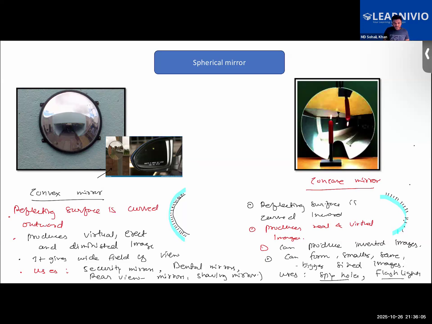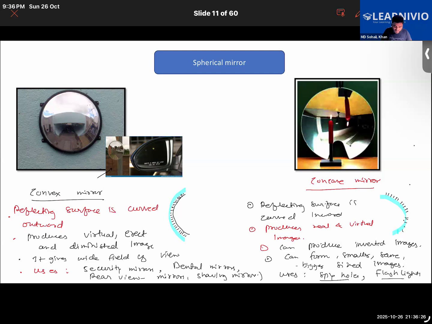Okay. So further, we learned about the spherical mirrors also, right? Spherical mirrors are of two types. One is the concave mirror, another is the convex mirror. About the convex mirror we have discussed, they are curved outward like the back of a spoon. Like that, you can think of it.